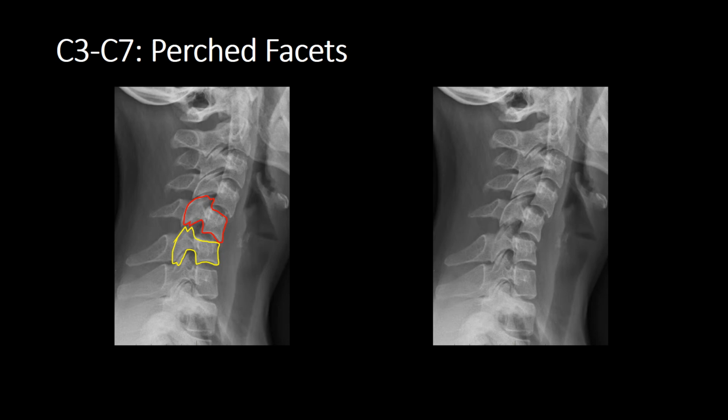Perched facets refer to the subluxation of both facets of the superior vertebral body in relation to the vertebral body below.